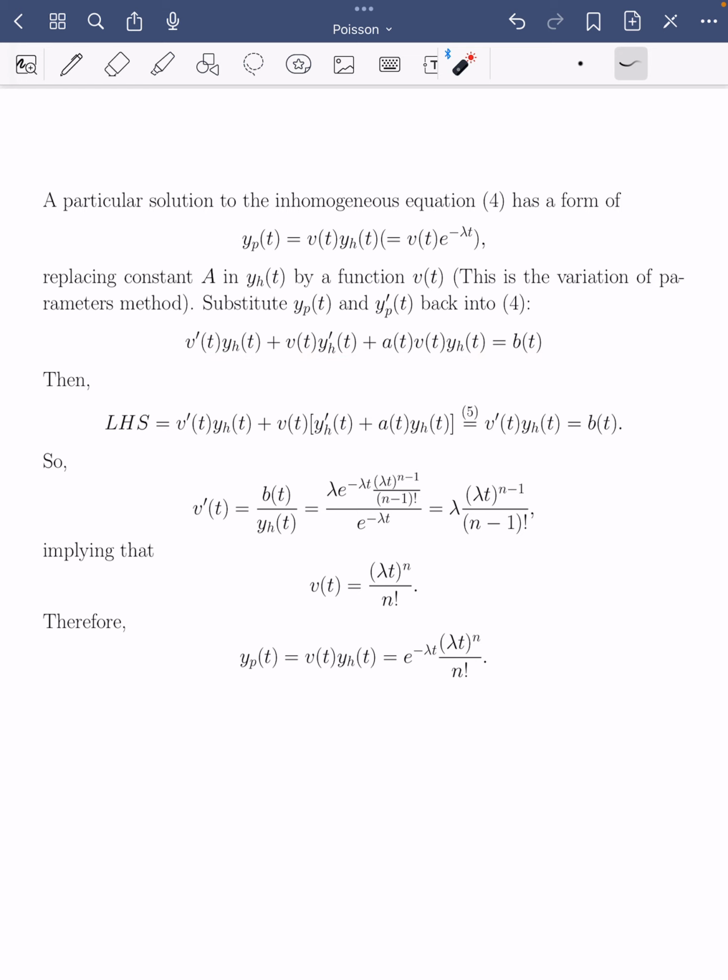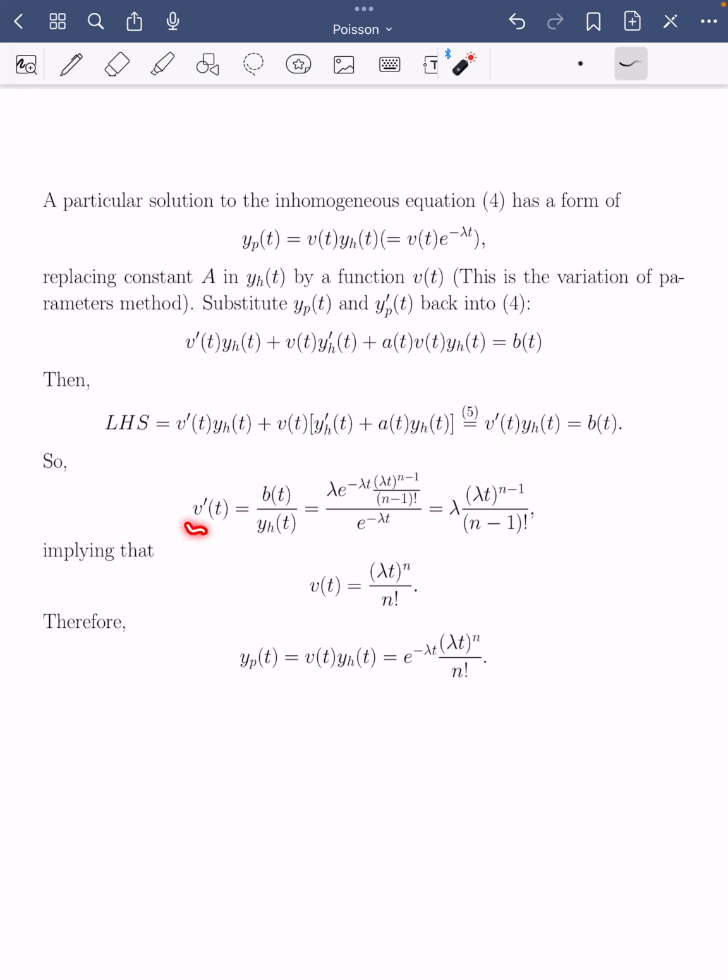And also you can see the left-hand side is equal to this plus v(t) times this. Okay, so because of number 5, we know that this is just equal to the derivative of v(t) times y_h(t), which is equal to b(t). All right, and then we can solve this equation here.